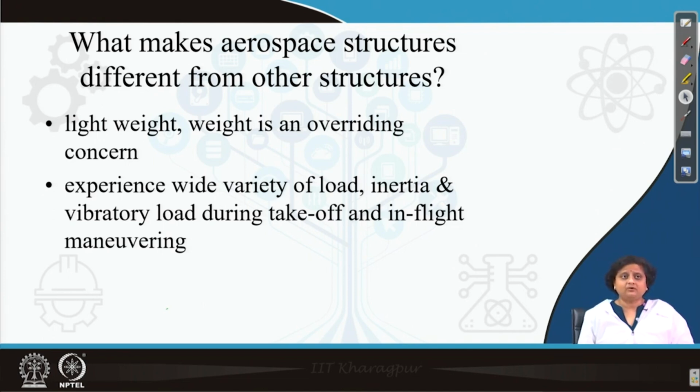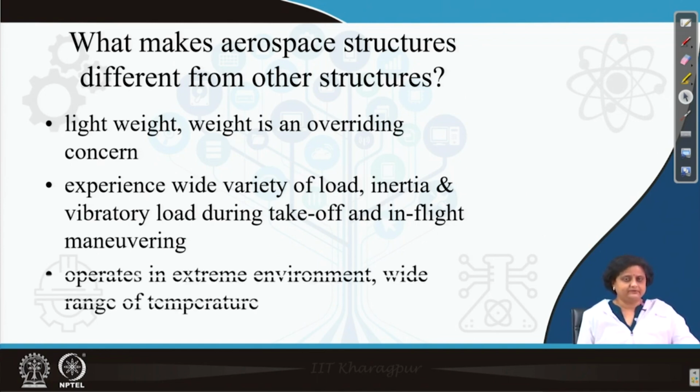On the contrary, a mechanical machine or a civil infrastructure never experiences this variation in the kind of load that is experienced by the structure. This makes aircraft structure much more difficult to analyze and design as compared to its counterpart. So, that makes it very complex to analyze and design.